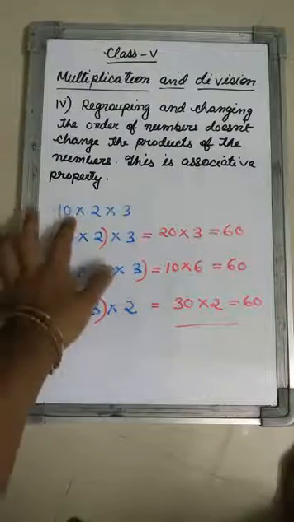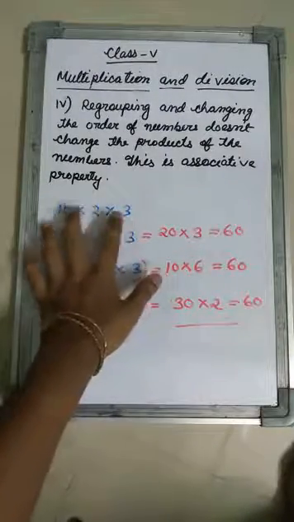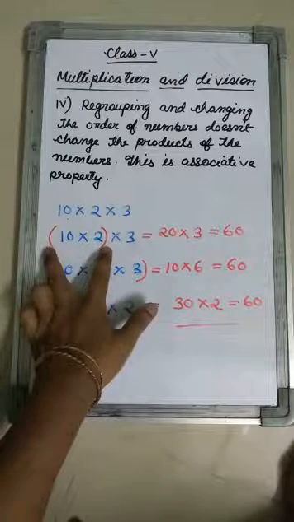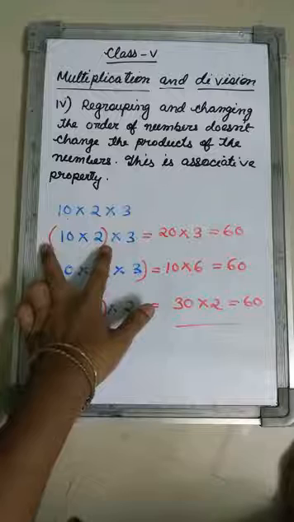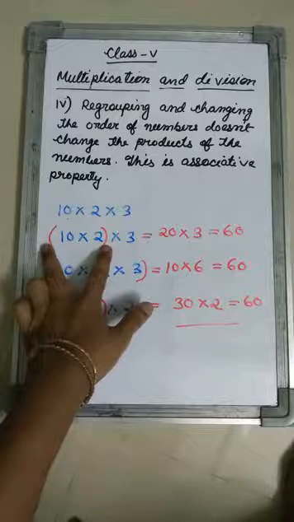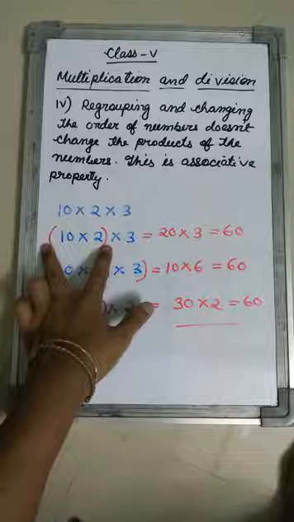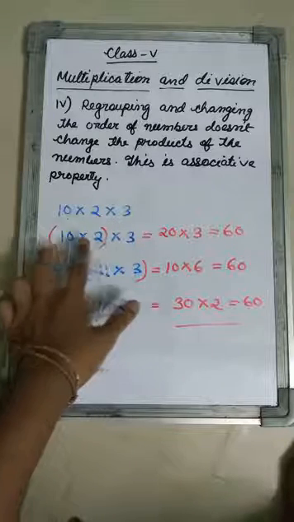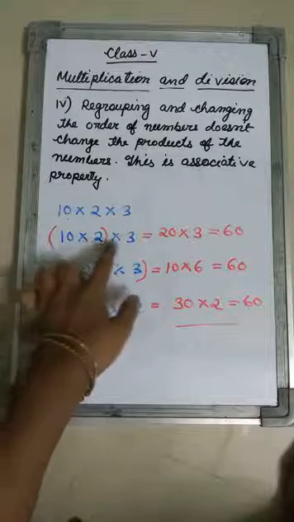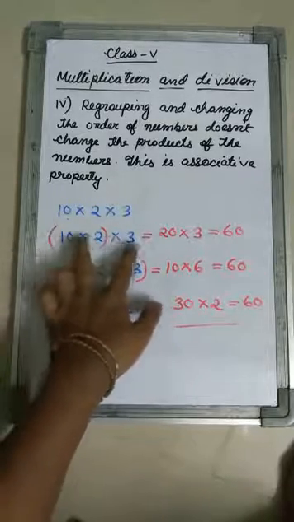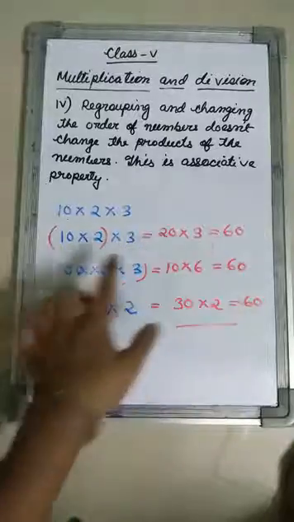I have made a group of these two numbers first. Inside the bracket, you have learned the rule of BODMAS, in simplification chapter 5. Inside the bracket we have to do first. So 10 into 2 is 20. Then you multiply the result with 3, you get 60.